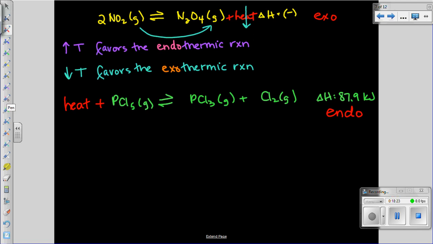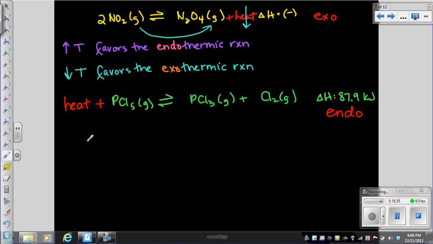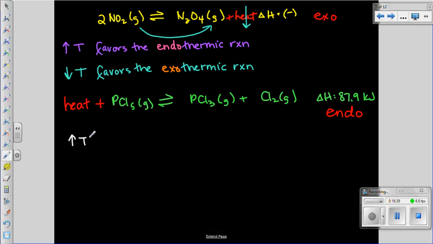So let's say the first thing we do is we are going to increase temperature. If we increase temperature, that means we are increasing the amount of heat. If we do that, that's going to cause the reaction to shift to the right.